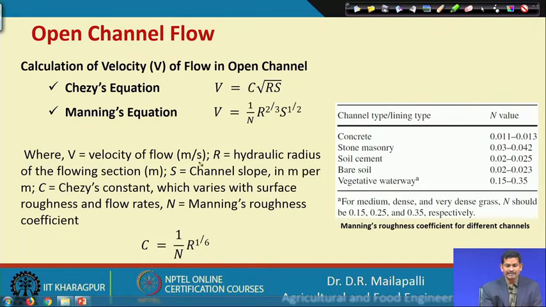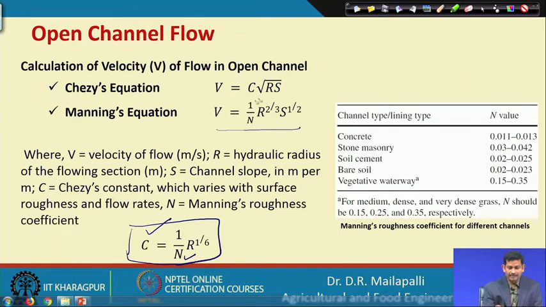After doing certain experiments, Manning modified Chezy's equation, giving V equals 1 by n, R power 2 by 3, S power half. The Chezy constant C and Manning's n are related: C is equal to R power 1 by 6 by n.